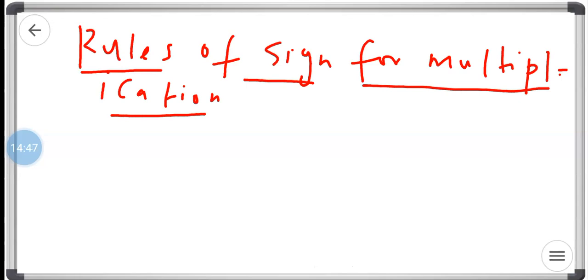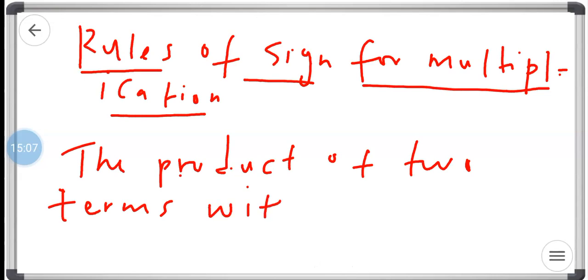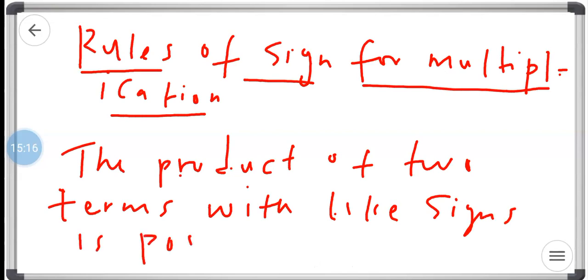Let me write out the rule. The product of two terms with like signs is positive.